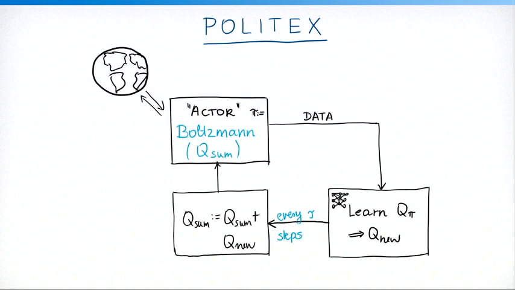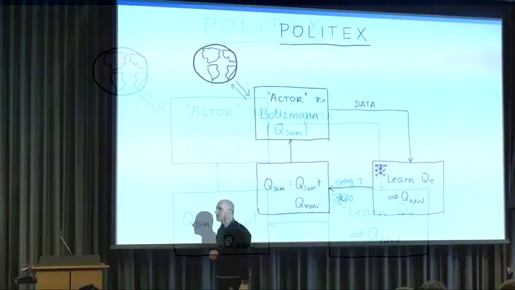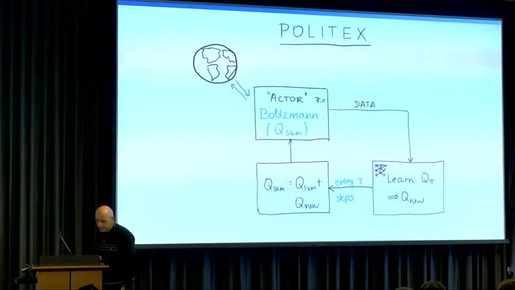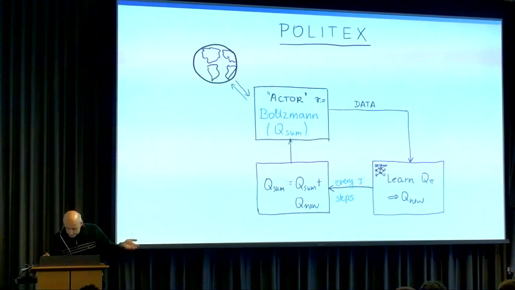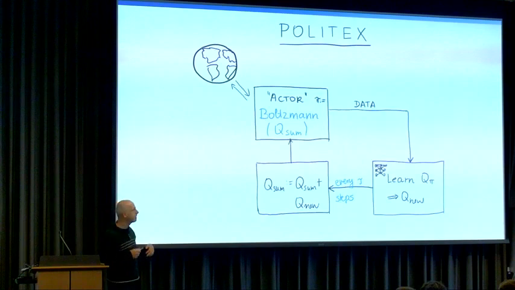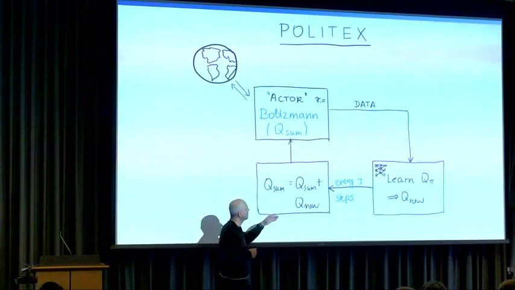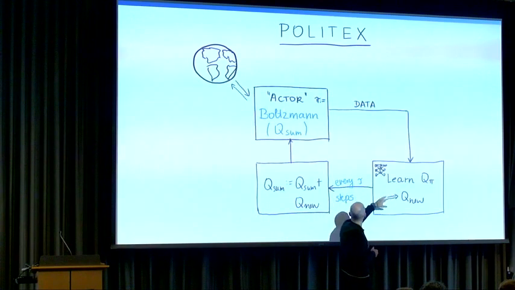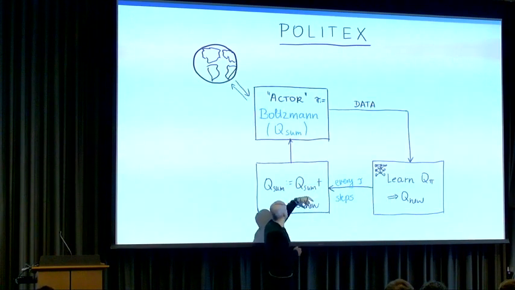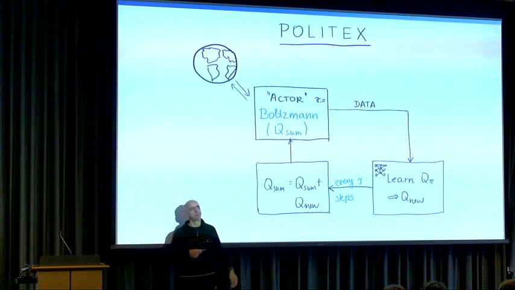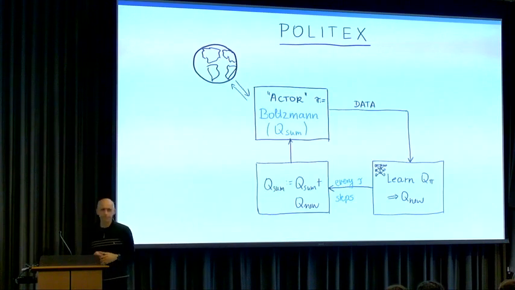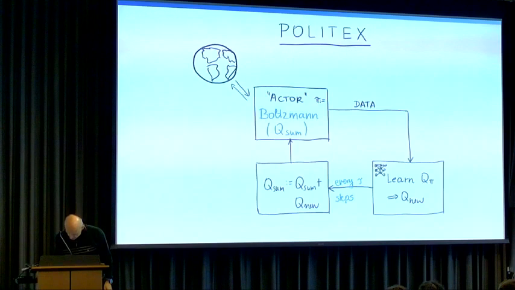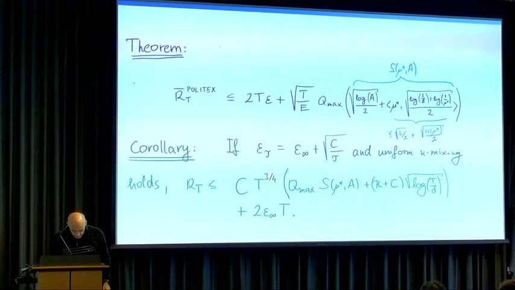The data is fed into this other box, which is going to be the black box. I'm worried that these are not the most recent slides that I have, but anyway, we'll see at the end. Based on this, you learn your action value function. Let's say you use a neural network, and every once in a while, you update the sum. And then you update your policy.